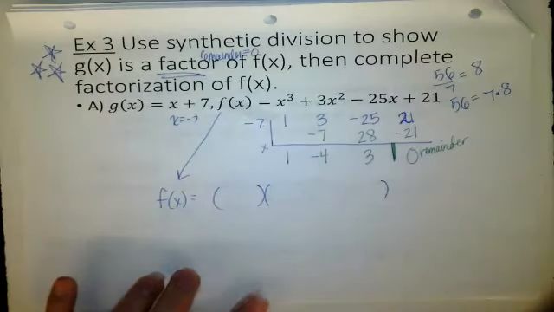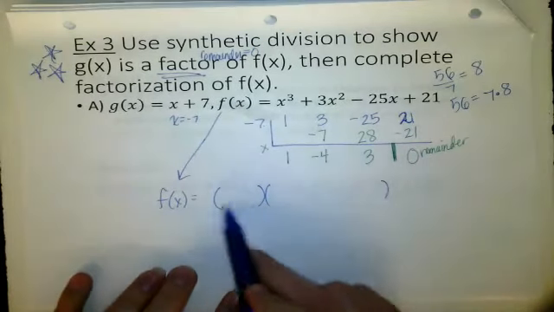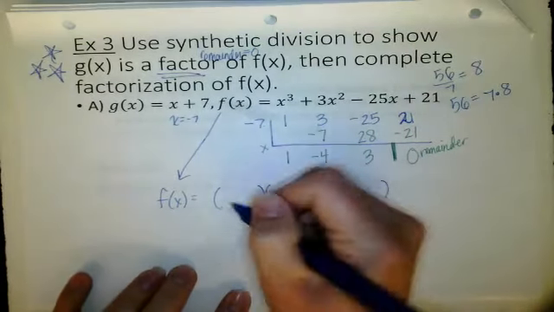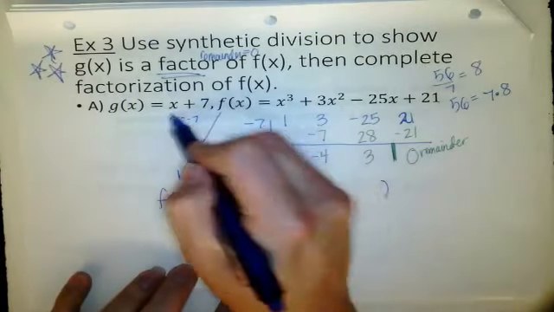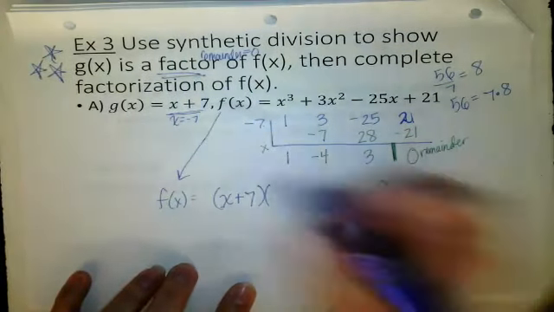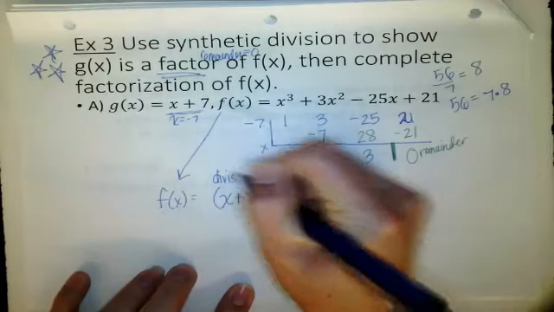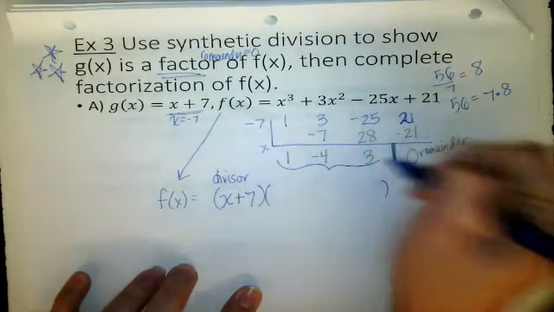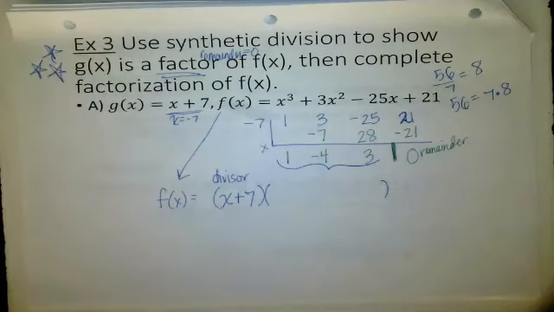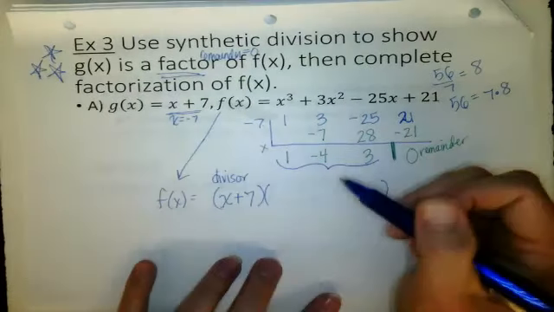Okay, so what we want to do is rewrite what we started with as the product of two things. What did we just divide by? X plus 7. That's what we divided right there, the divisor. And then times the quotient. Very good.